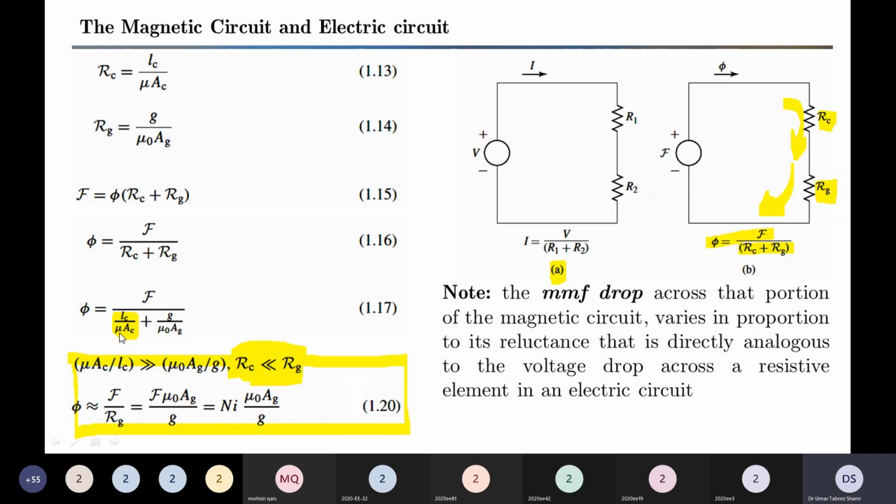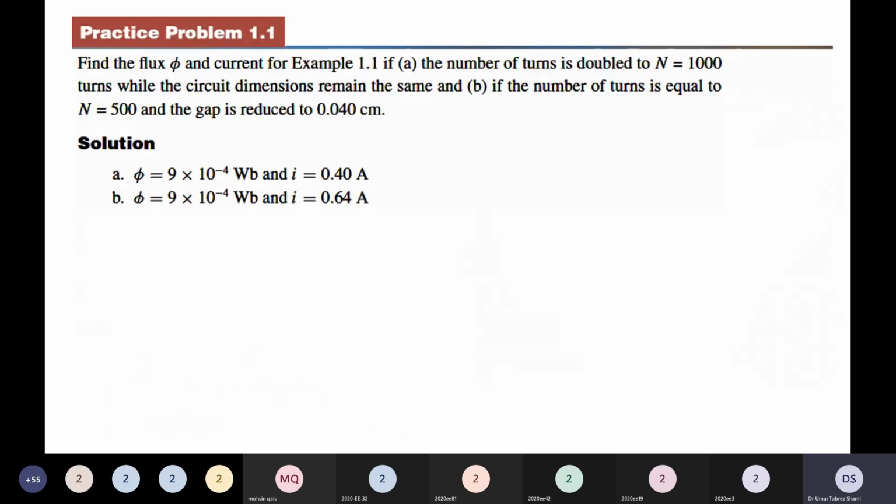If we take mu as infinity, then this complete term, LC over mu AC, will tend towards 0. Hence, we can ignore this term of the core, and we can find the flux by simply dividing the MMF by the reluctance of the air gap. So we are going to use equation 1.20 in example 1.2.